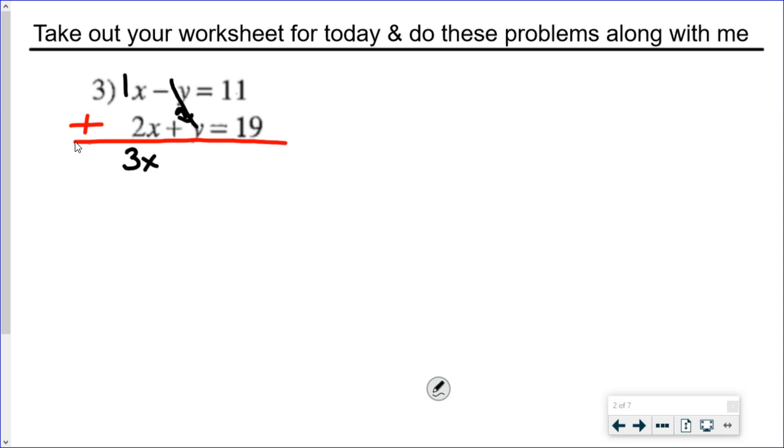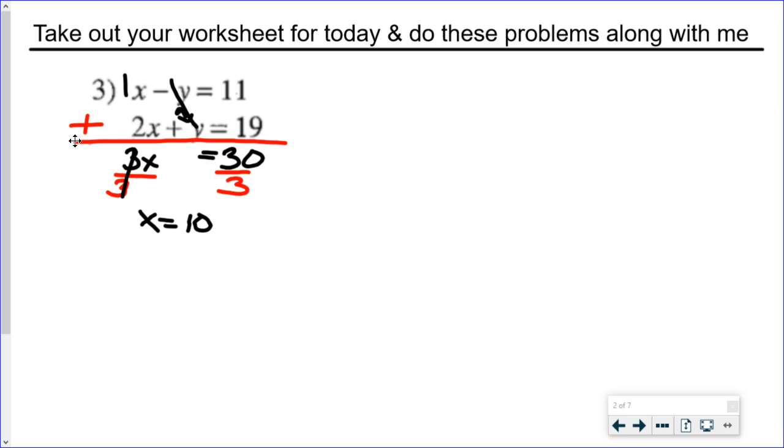So those are the ones that cancel. There's my equal sign. And this is 20. Nope, not 20. 11 plus 19. Double check in your calculator for me. I believe that's 30. Okay, then I just divide to get x by itself, and I get x equals 10.